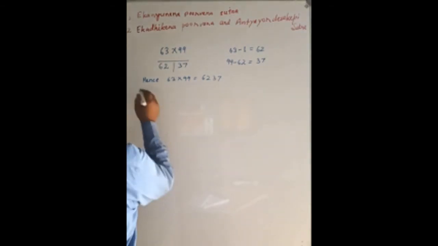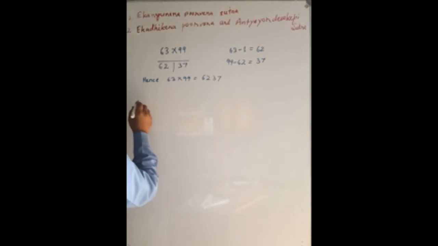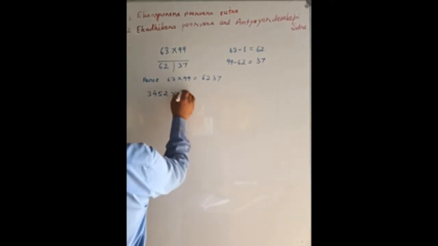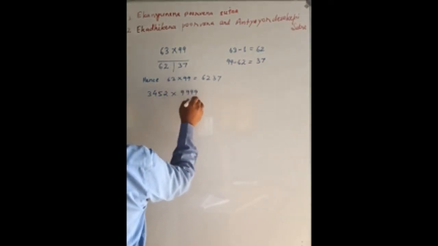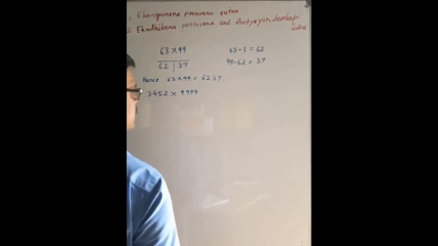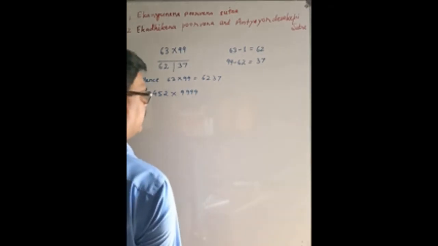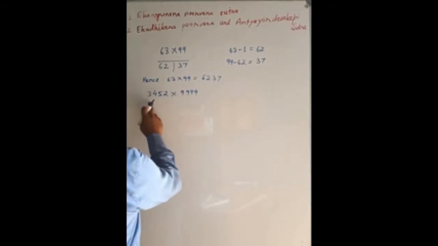We take another example. Multiply 3452 by 9999. Both multiplicand and multiplier have the same number of digits. There are 4 digits.